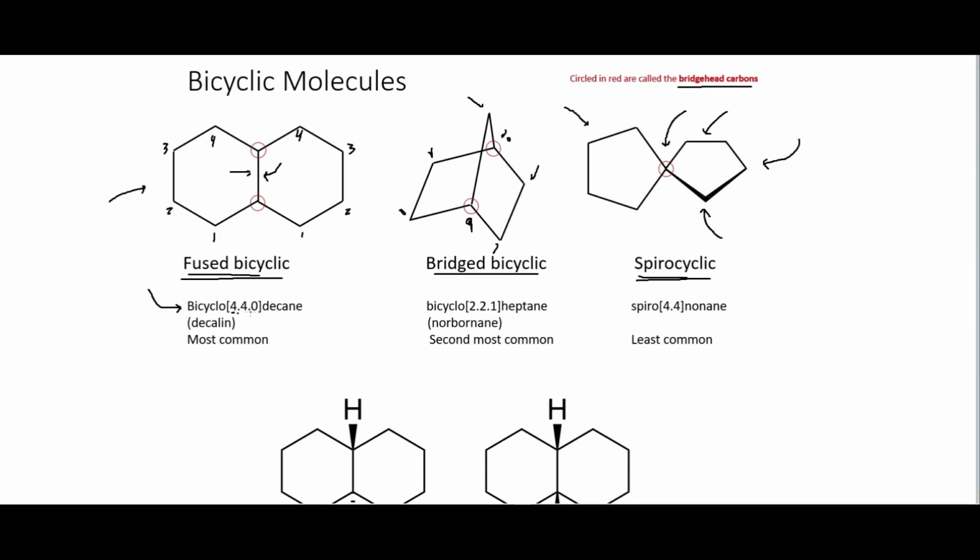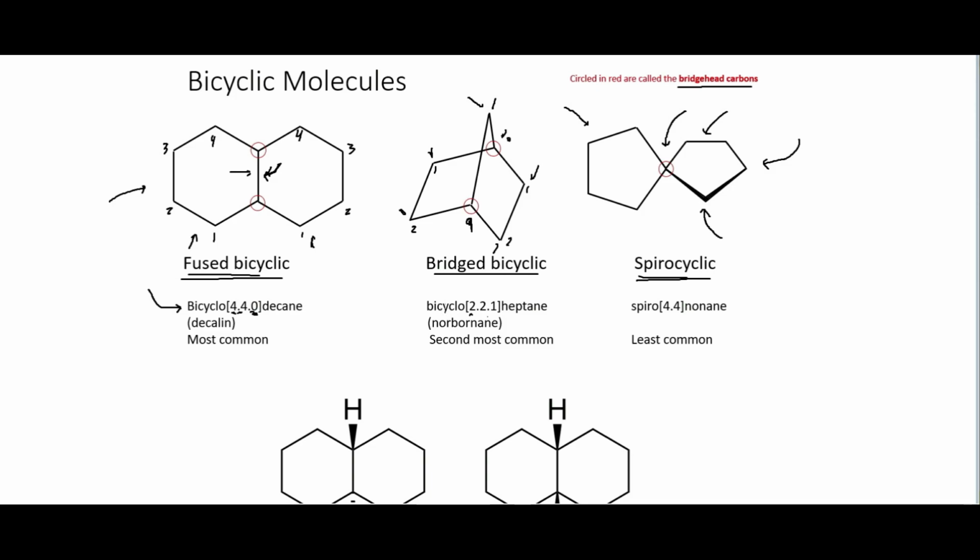So we have 4 from this ring, 4 from this ring, then 0 because there are 0 carbons between them. Over here, we now have the 2, 2, 1 because we have 1, 2 carbons there, 1, 2 carbons there, then we have 1 carbon there, so it's 2, 2, 1, and so we call that bicyclo 2, 2, 1 heptane.